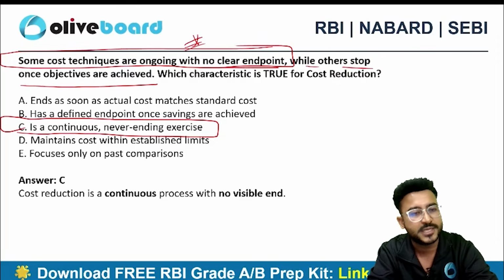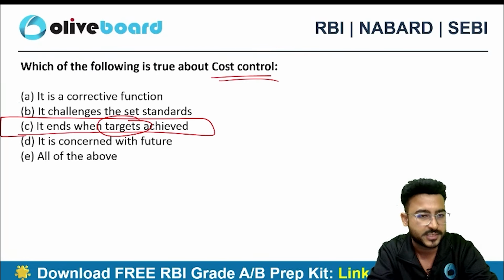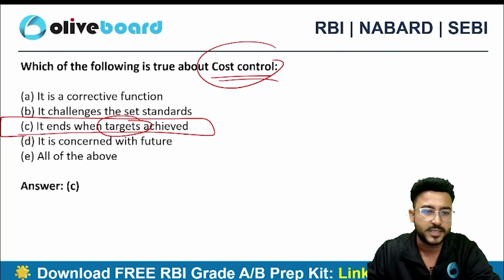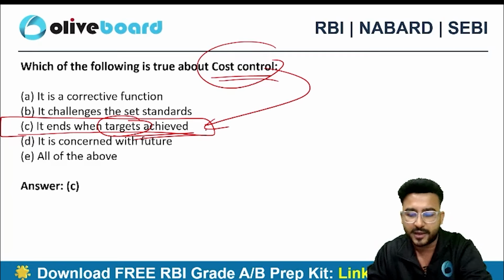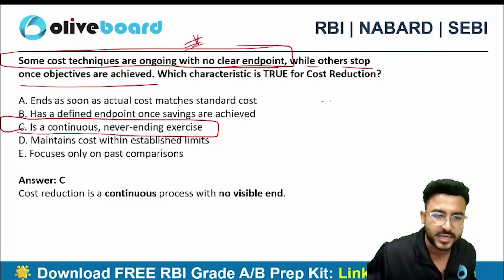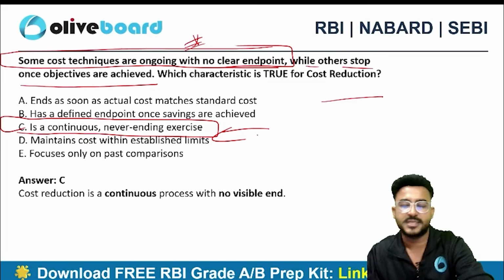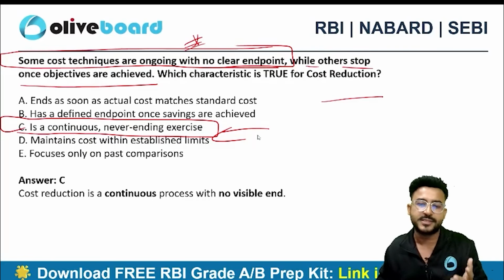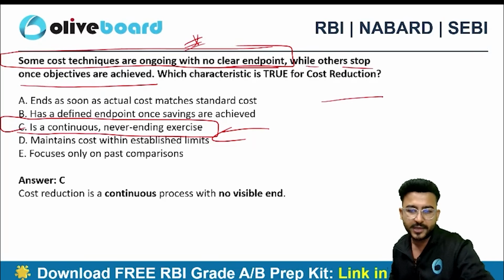In the very first question, we discussed that cost control has an end target. When the target is achieved, it concludes. But cost reduction is a continuous, never-ending exercise.